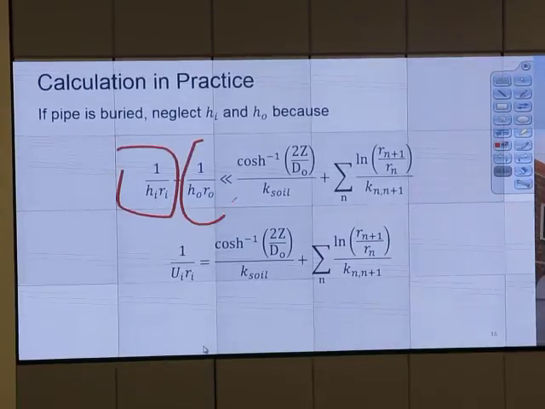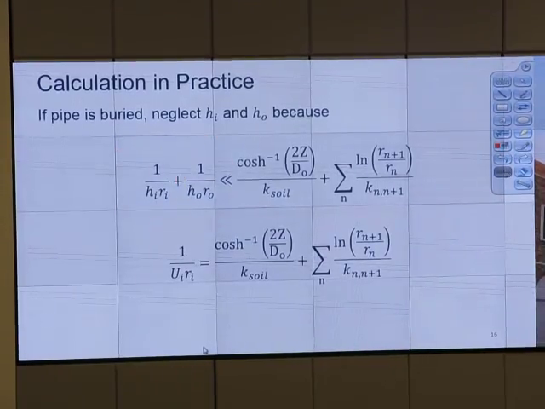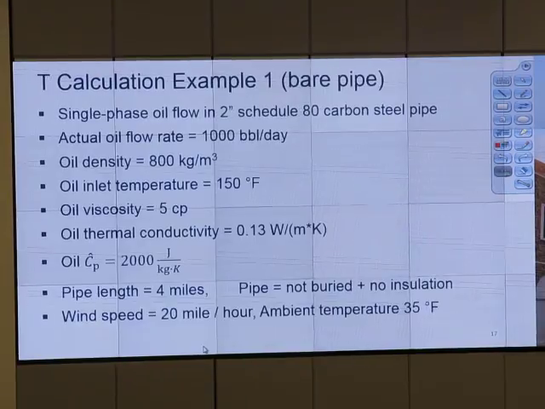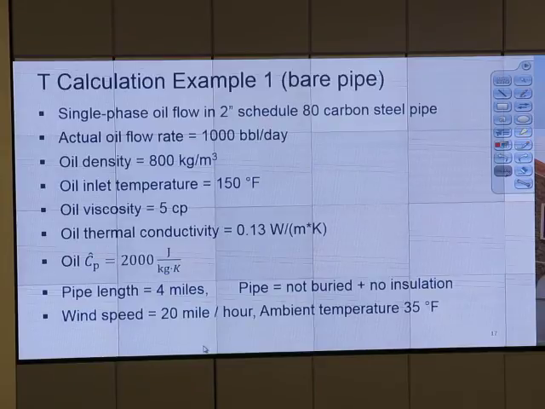Okay? 1 over h_i r_i and 1 over h_o r_o are quite small. So this is a calculation example that the Excel file is already posted. Your job is to read it, okay, and find out what I did. And let's go over this a little bit.